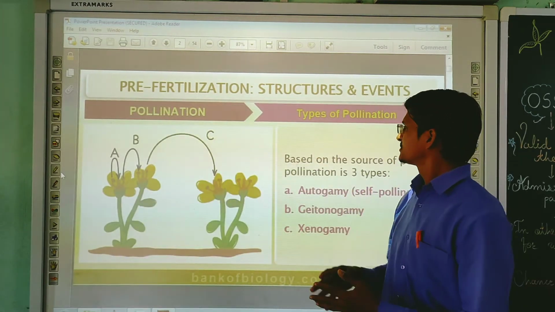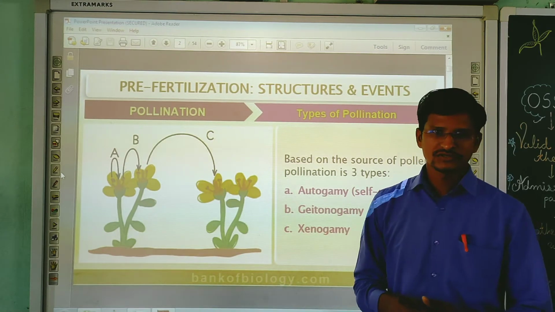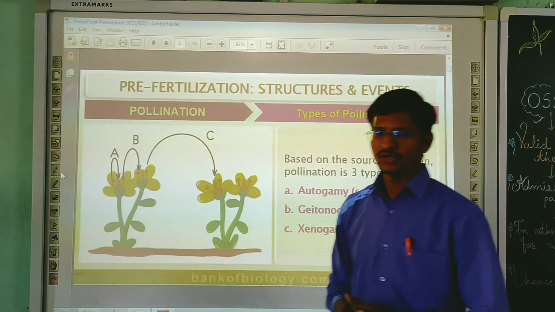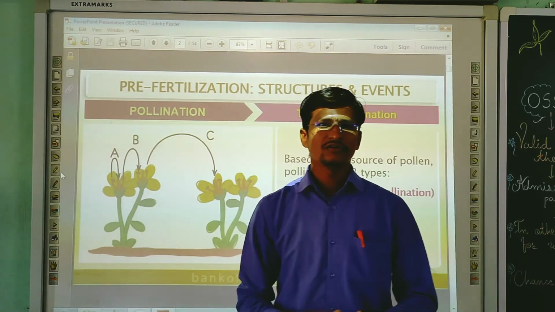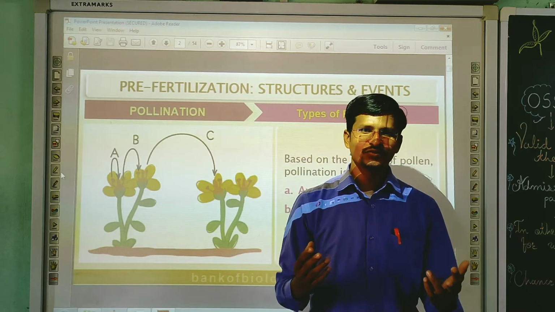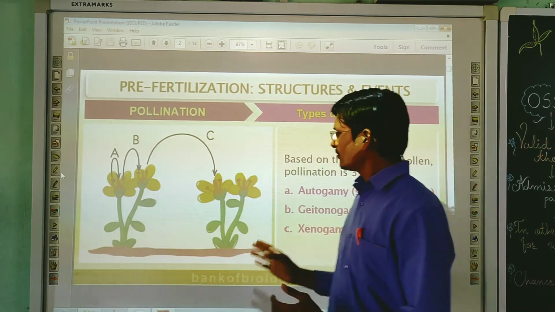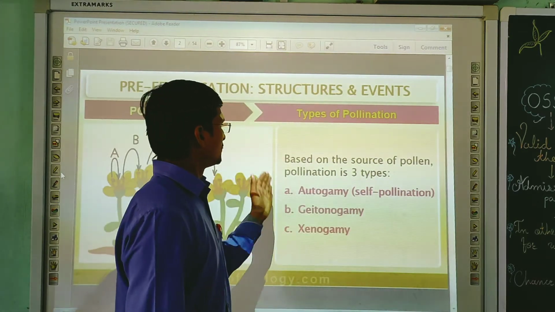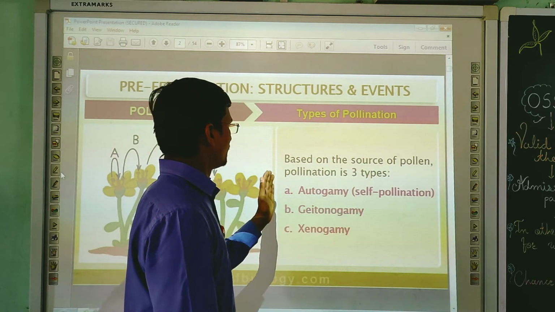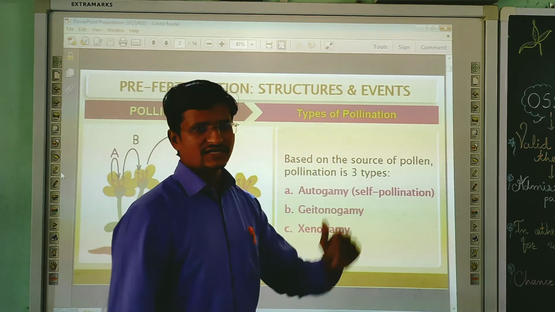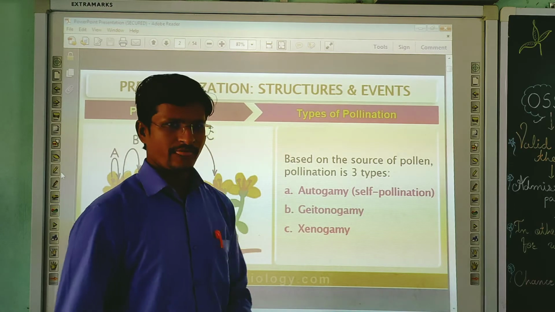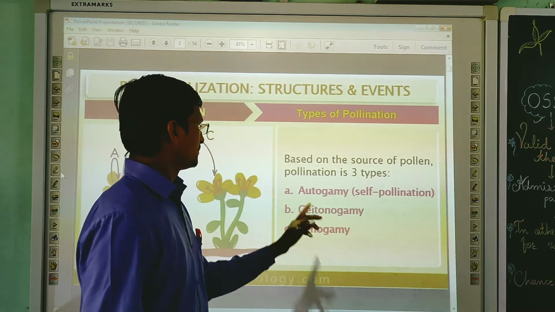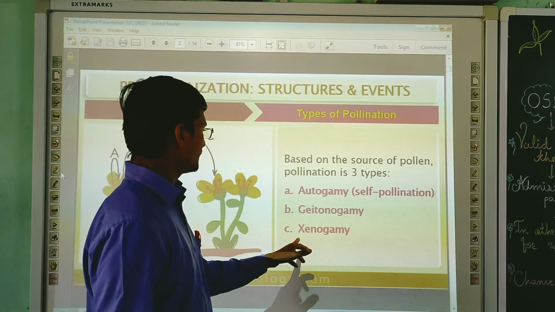Here is pollination on the basis of types. Generally we have three types of pollination. Recently we were aware of two types, self pollination and cross pollination. Now, by the scientific method, on the basis of the source of pollen, there are three types: autogamy, which means self pollination, and geitonogamy and xenogamy.